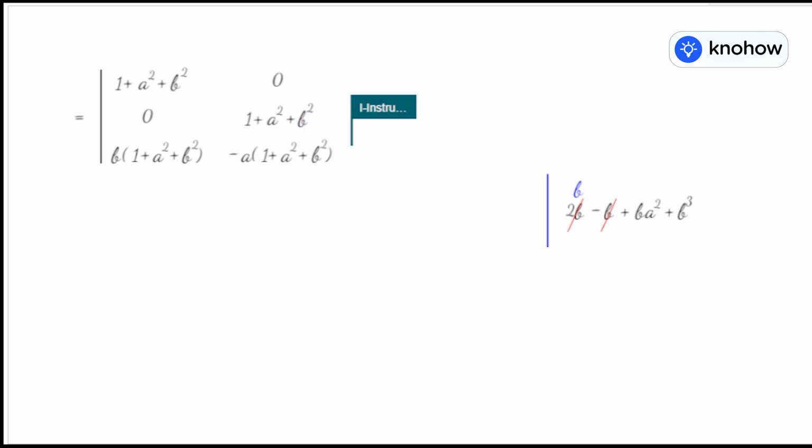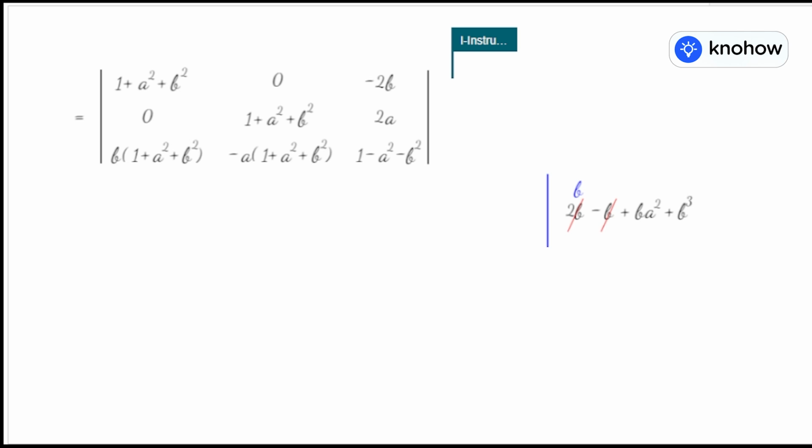And the third column, that is −2b, 2a and 1 − a² − b², will remain the same. And clearly, now we can take 1 + a² + b² common from C1 and also from C2.